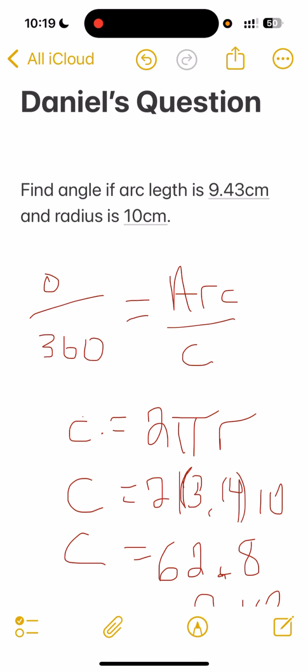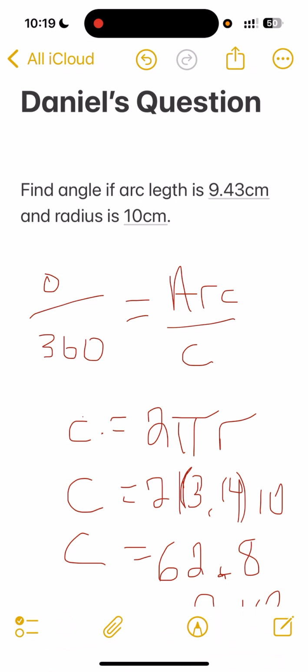And then now, let's see what else I'm going to use. Find the angle if the arc length. So it's telling you the arc length, so I will take arc over circumference. This has nothing to do with area of a sector over area of a circle, so those two I can eliminate. That's my initial formula.